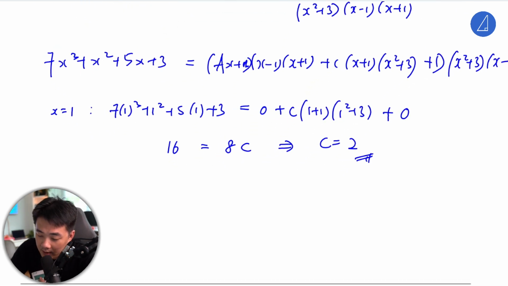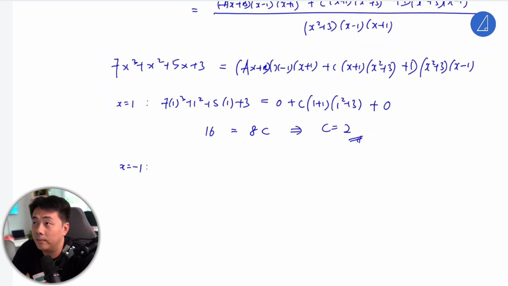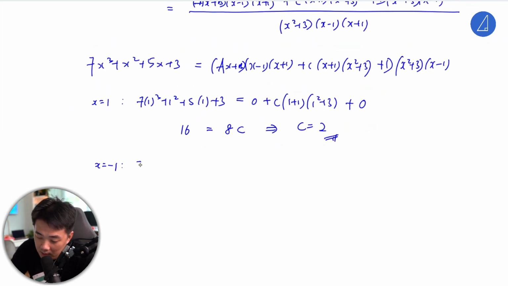Then after which I let x equal minus 1, because this will be 0. So 7 times minus 1 cubed plus minus 1 squared plus 5 times minus 1 plus 3. Minus 1, this will be 0, this will be 0. So I'm solving for d, times minus 1 squared. Remember, the bracket is 3 plus 3 times minus 1 minus 1.